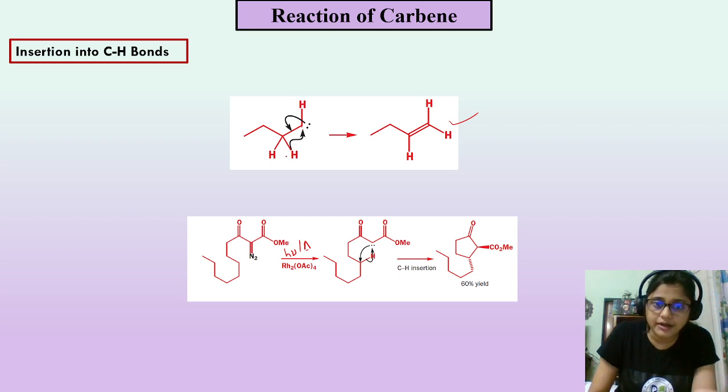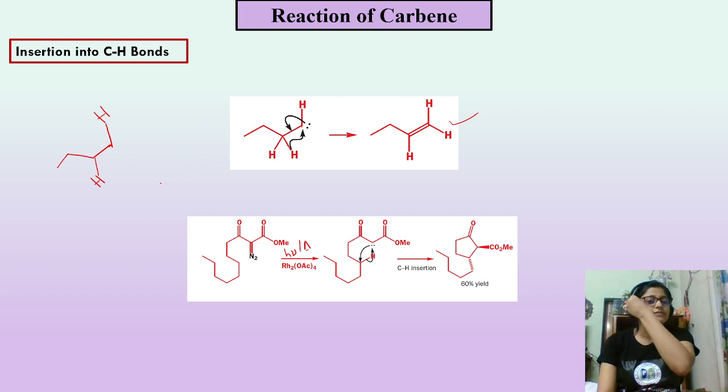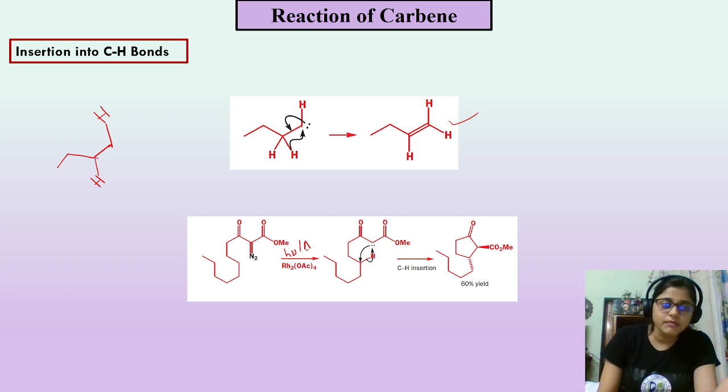So for your understanding, I will draw a simpler form so that you can understand how this H is migrating and how this double bond is coming. Okay, so H is there, let's say this H, and here carbene is there. So in radical fashion, if this bond cleaves, what will happen? This one H is there.